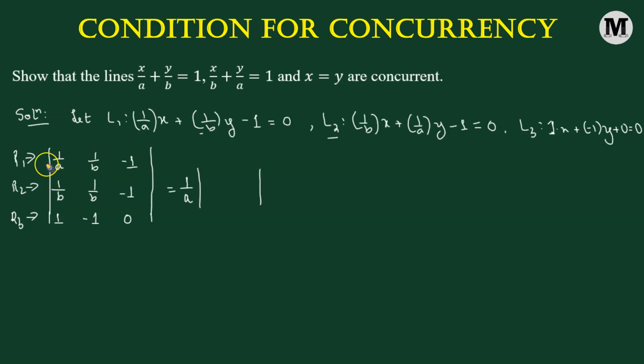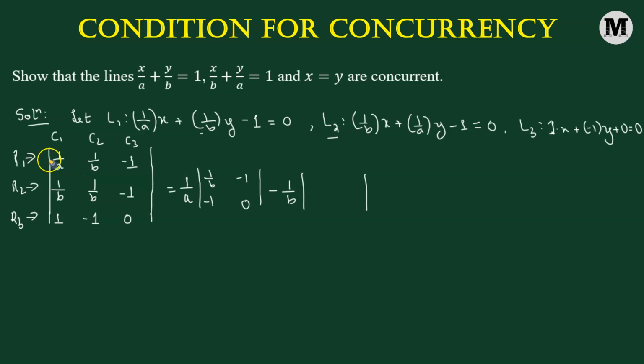So if we reject the entire row 1 and entire column 1, all we'll be left with 1 over b, -1, -1 and 0. So that gives us the 2 by 2 determinant. Then let's go to the next term. The next term can be negative of the term that is present in the first row and second column, which is 1 over b. We have 1 over b, that is going to get multiplied to a 2 by 2 determinant. The rule remains the same.